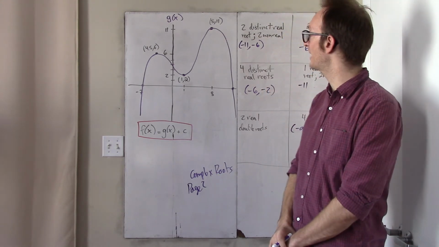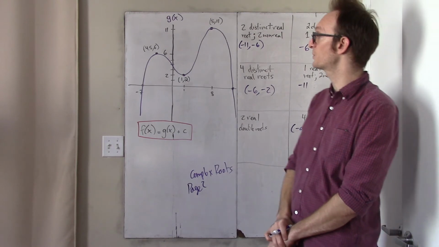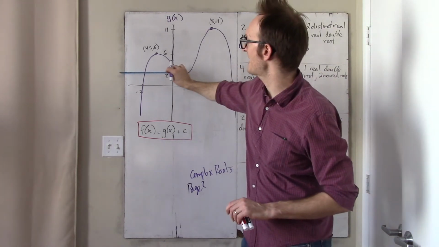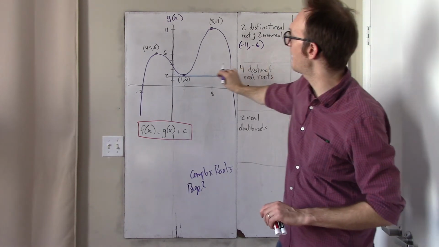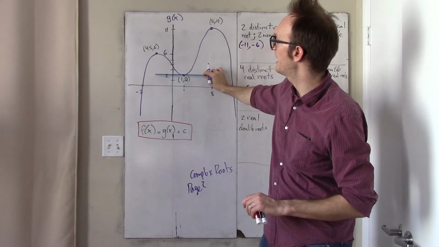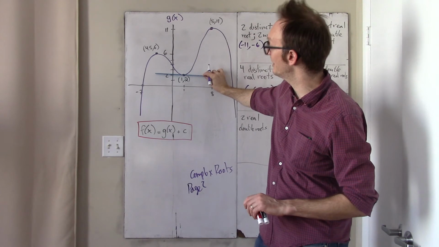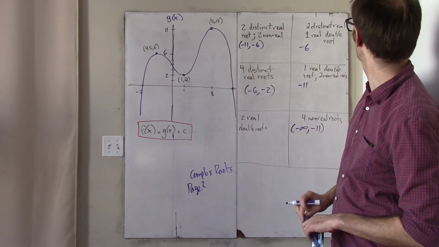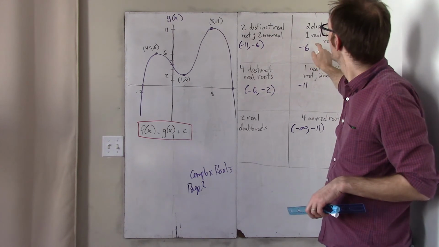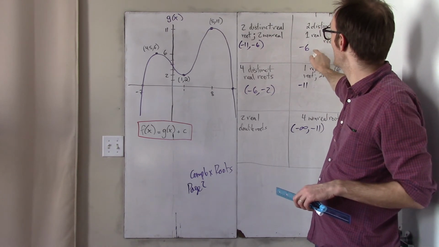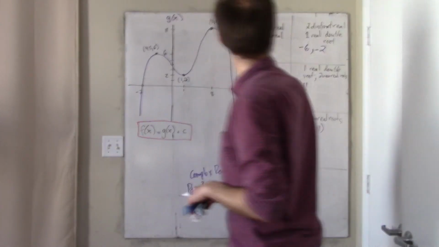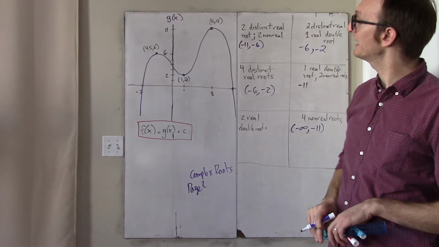And that's because if c is exactly -2, then that's equivalent to the x-axis being here, and now that's going to be tangent to this relative minimum. So that puts me here now, right? Two distinct real roots and one real double root, if c is exactly equal to -2.